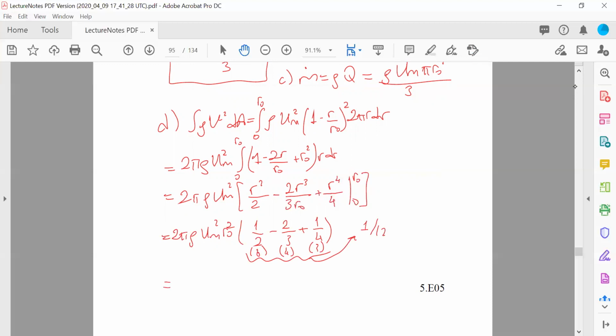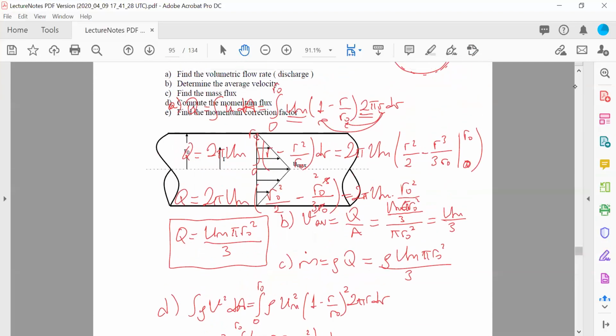So the result will be 2 pi rho u max squared r0 squared over 12, or rho pi u max squared r0 squared over 6. Okay, this is the momentum flux.